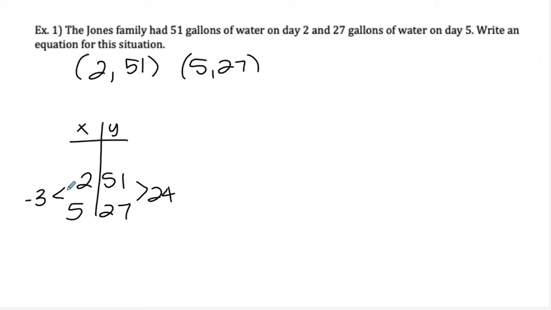So that was step 1, to find my vertical change. Step 2 is my horizontal change. Then I want to divide the vertical change by the horizontal change. And that would be a negative 8, or in context, I am using 8 gallons per day.